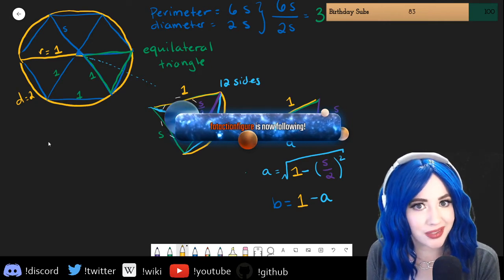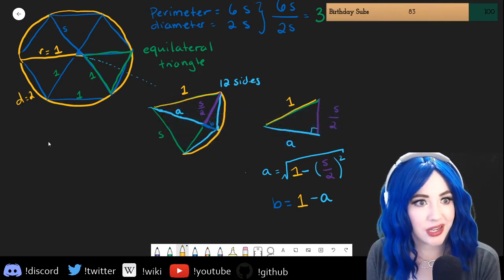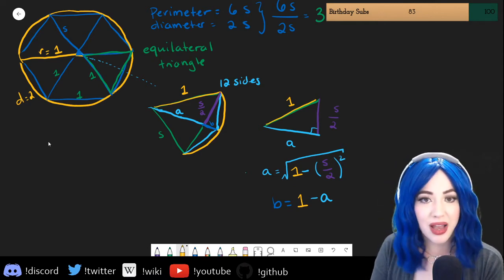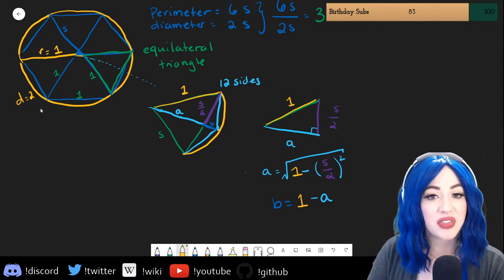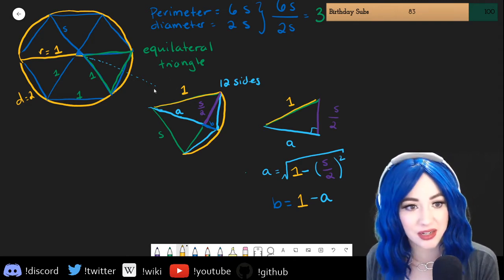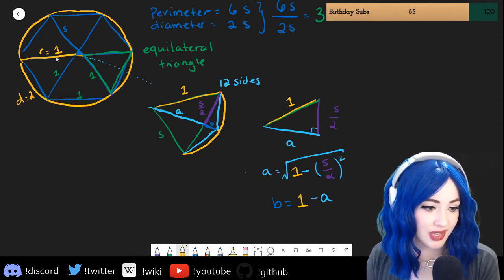So let's make our lives easy. If we make the radius 1, the math becomes a whole lot easier, but we know that the final circumference divided by diameter value is not going to change. I have R equals 1 right here.